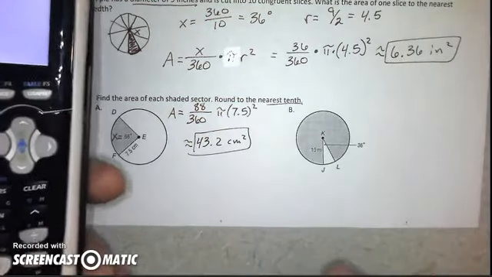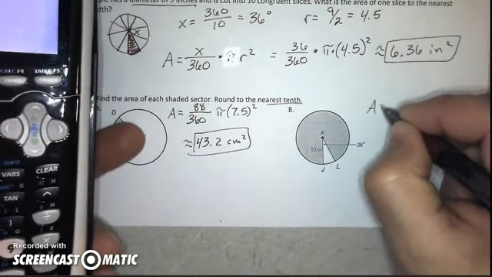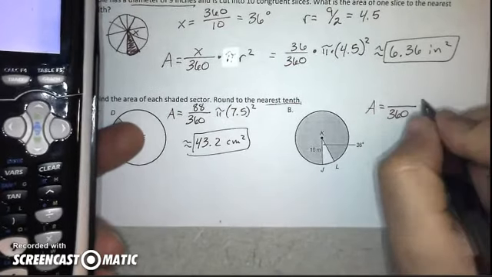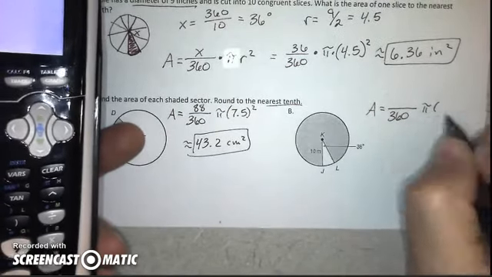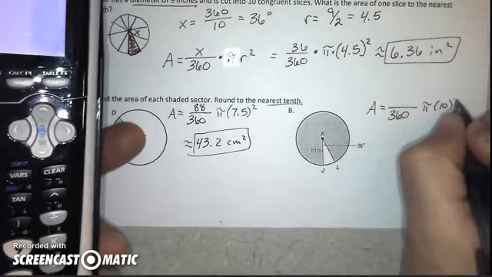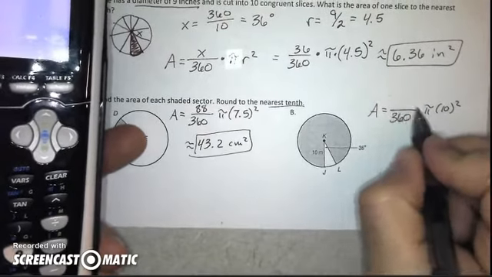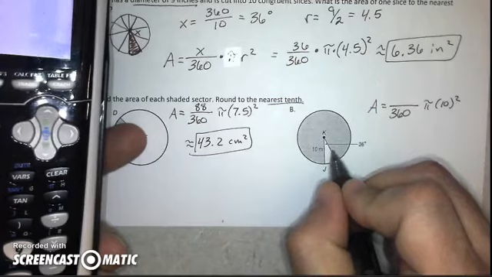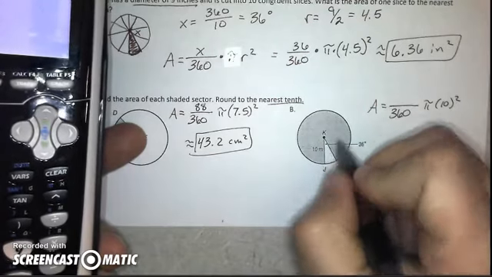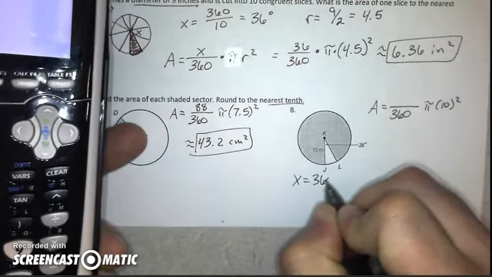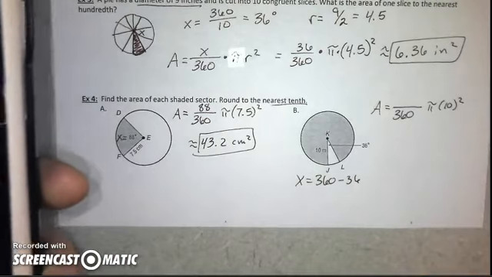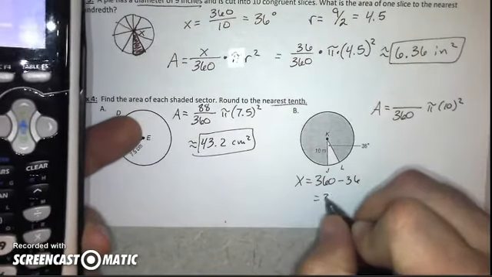Okay, and then lastly, we will do the same thing for this sector. Okay, the radius is 10, but the angle measure I'm using is the shaded region of everything except 36 degrees. So x is actually equal to 360 minus 36, which is 324.